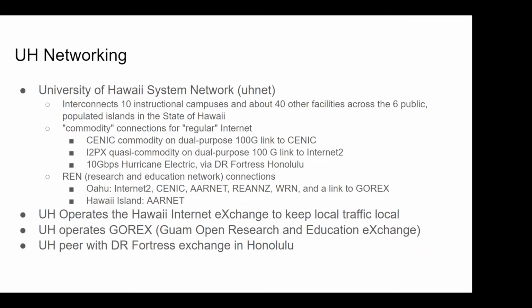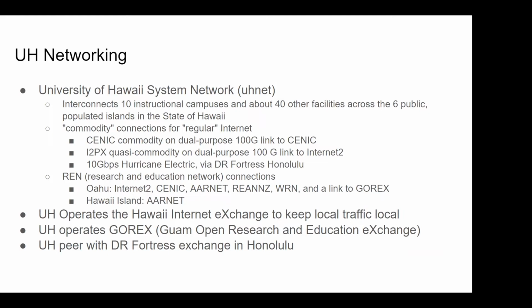So a little bit about the University of Hawaii System's place in the world and the internet. There are 10 instructional campuses and about 40 other facilities across the 6 public populated islands in the state of Hawaii. For commodity connections for regular internet, we have 100 gigabits to CENIC, which is the Corporation for Education Network Initiatives in California.